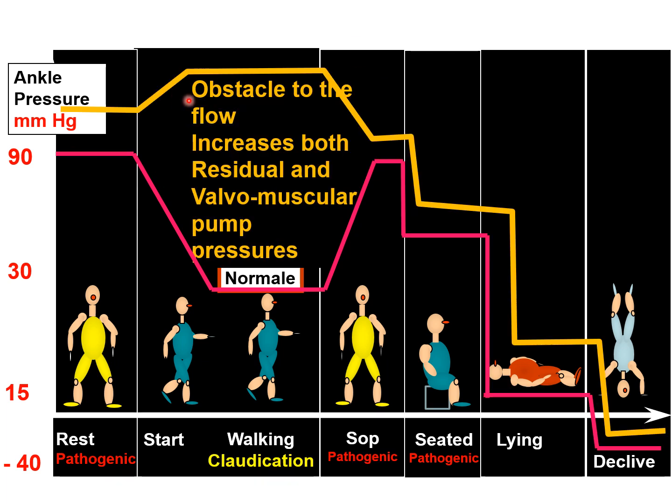Obstacle to the flow increases both residual and valvomuscular pump pressures, explaining the claudication, the venous claudication when walking, and pressure remains higher than normal in rest position, standing, sitting, lying, and decline.